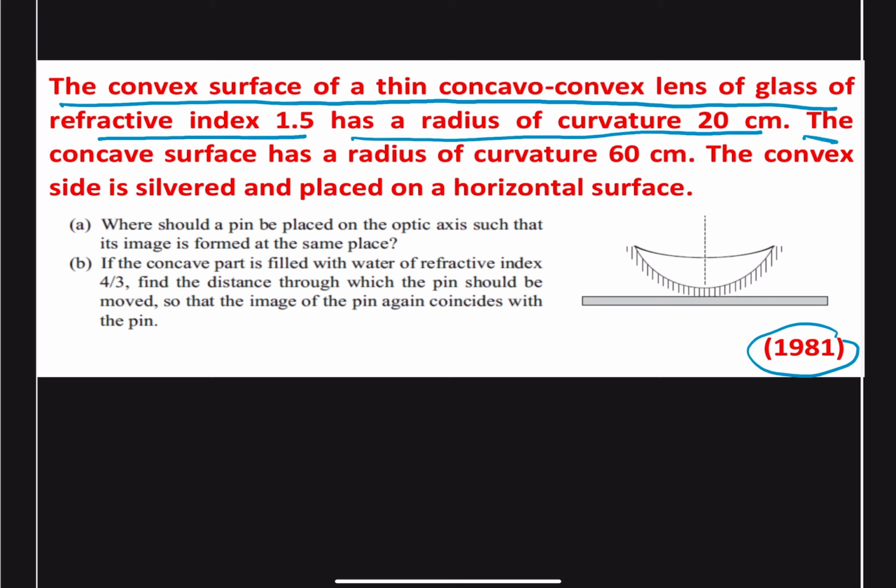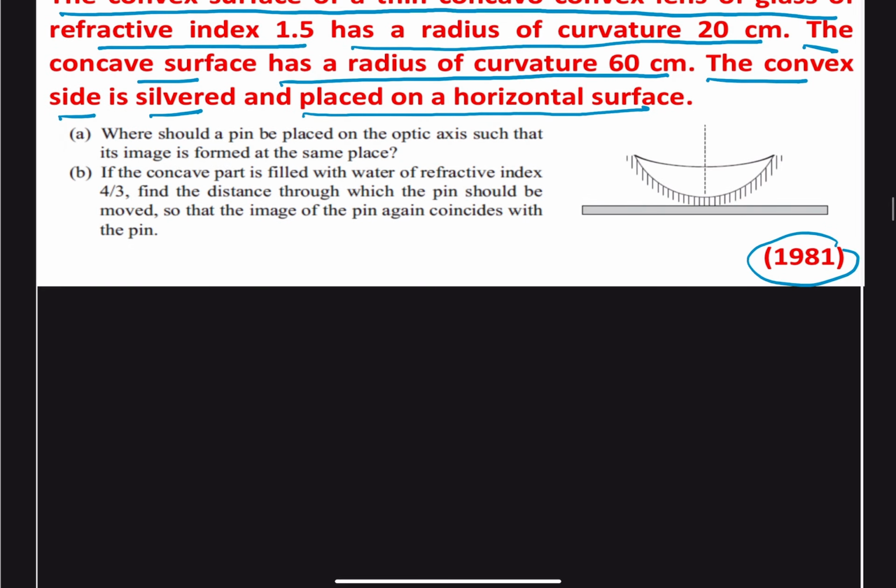The concave surface has a radius of curvature of 60 centimeter. The convex side is silvered and placed on the horizontal surface. Okay, so based on this, we have two questions based on it. In the part A, it states that where should a pin be placed on the optic axis such that the image formed is at the same place.